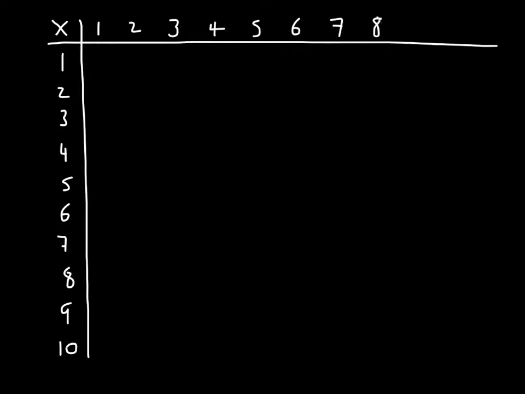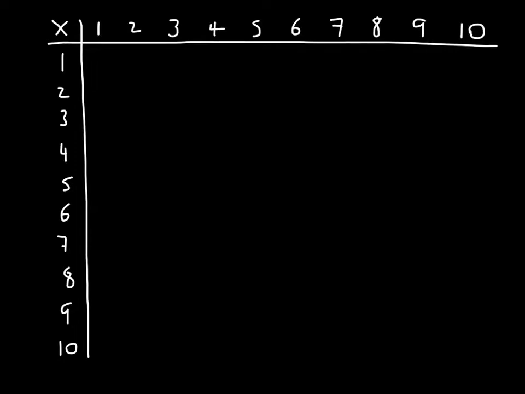Now down the vertical axis, do the numbers from 1 to 10: 1, 2, 3, 4, 5, 6, 7, 8, 9, and 10, and across the horizontal also do the numbers from 1 to 10.